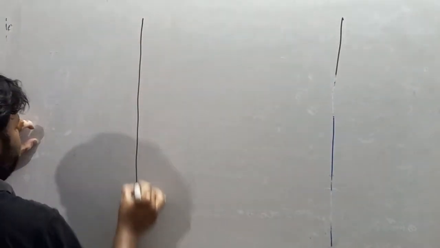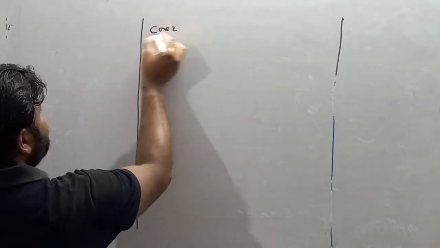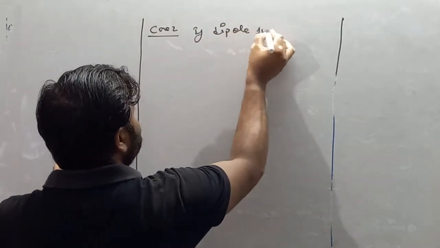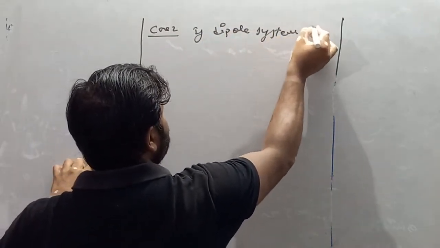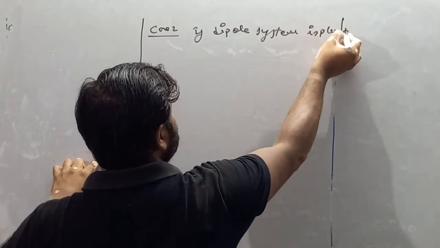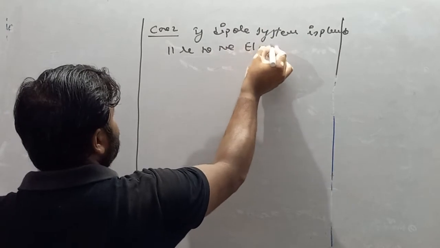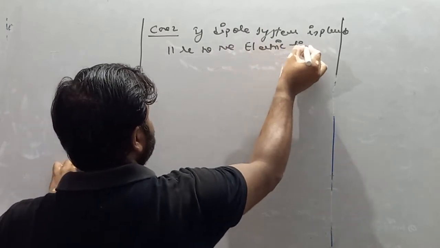Case 2, write down: if the dipole system is placed parallel to the electric field.